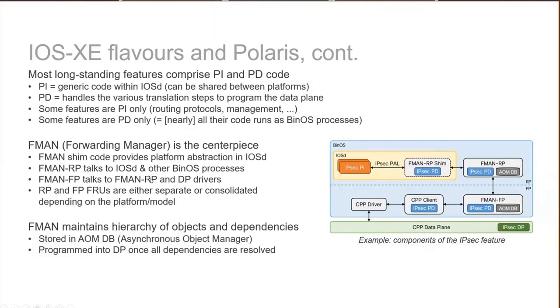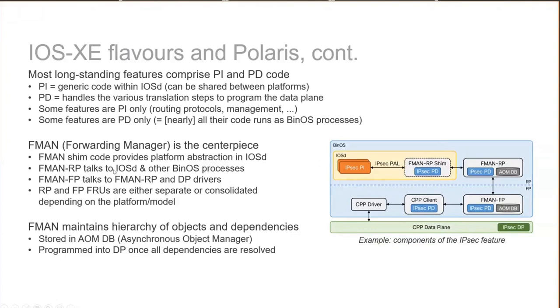So this is what a forwarding manager does. It provides the platform abstraction in the IOSD process. It talks to IOSD and other BinOS processes. So FMAN will be there on both control plane and data plane.